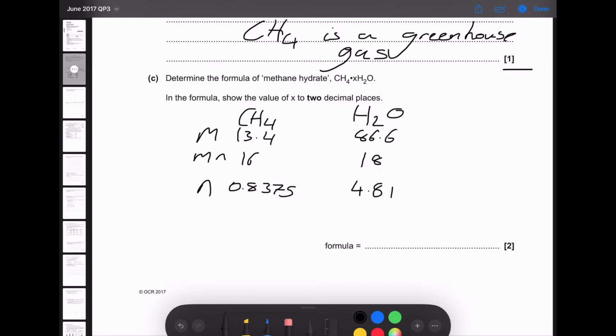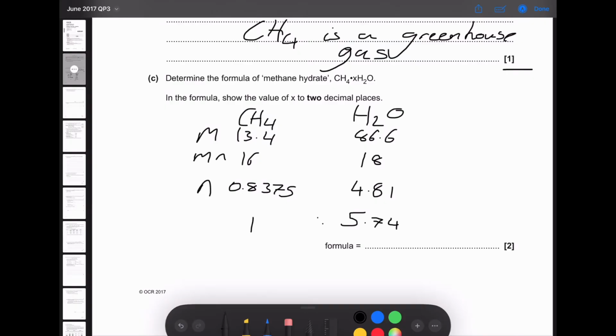Now we divide by the smallest number to get our ratio, so that's going to be 1, because 0.8375 divided by 0.8375 is 1, and then you do 4.81 over 0.8375, and that is 5.7. So 2 decimal places, so 5.74.